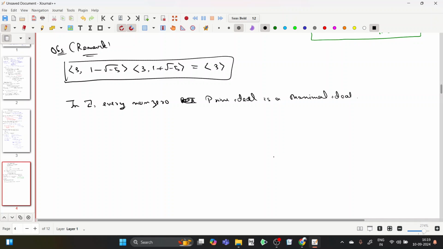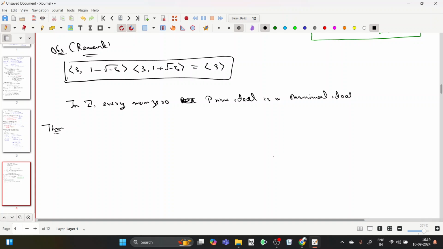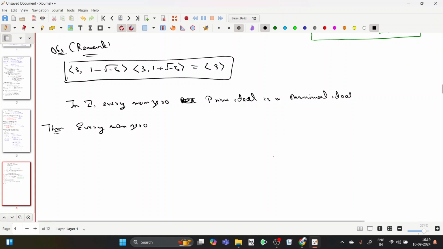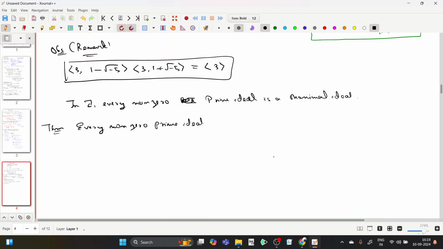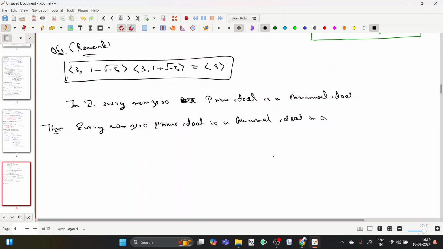Maximal ideals are always prime ideals, that's quite precise, but every non-zero prime ideal was coming out to be a maximal ideal in the case of the ring of integers. We will see that in a principal ideal domain, this holds in general. So, theorem, or you can also state it as a proposition: every non-zero prime ideal is a maximal ideal in a principal ideal domain.